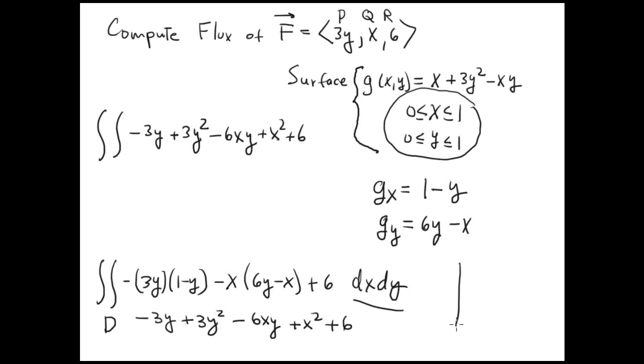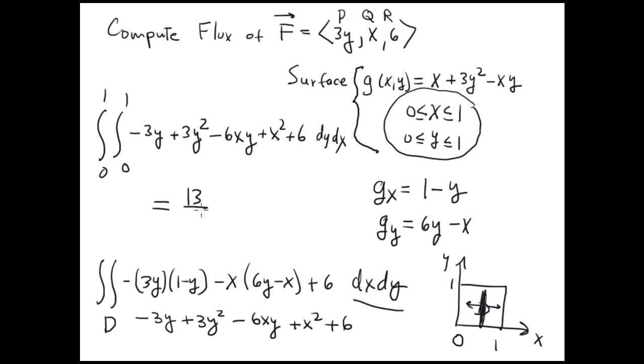This is a square, like that, in xy, 0 to 1, 0 to 1. This is D. Suppose I select the order of integration like that, dy dx. So the integration in that direction, and after expanding this, y varies from 0 to 1, and x varies from 0 to 1. And this is super easy to compute. It's too long, but we'll just skip. The answer is 13 over 3, the final answer.